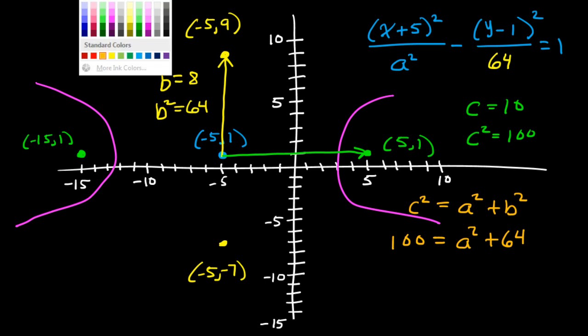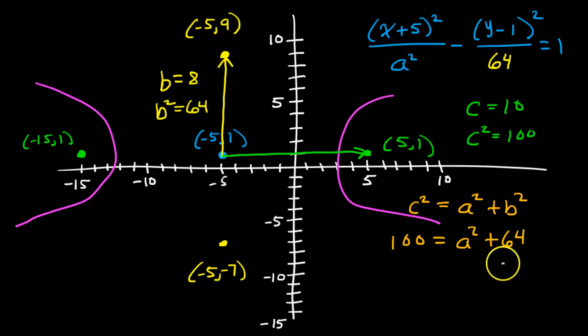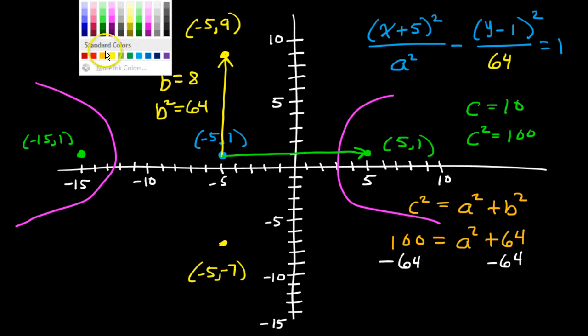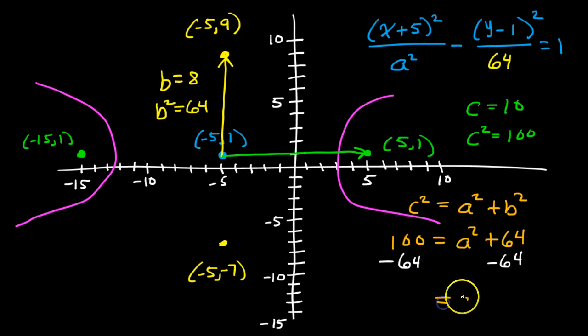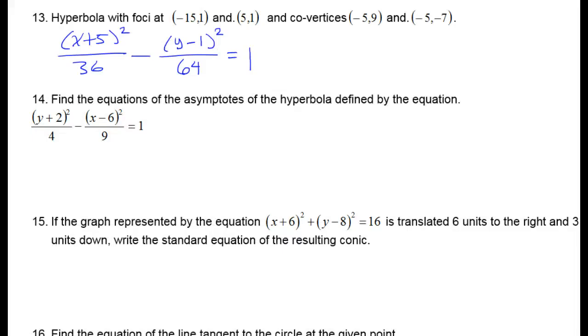So all I have to do is subtract 64 from both sides, and I'm done. So this is going to give me a squared is equal to 36. And that's it. This is the standard form equation of the hyperbola. And there you go.